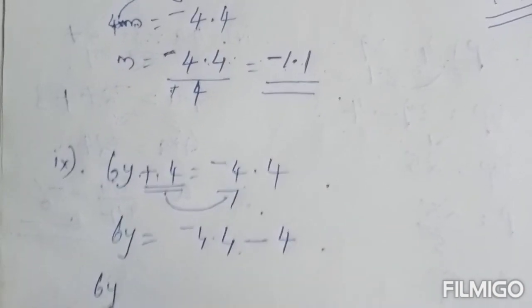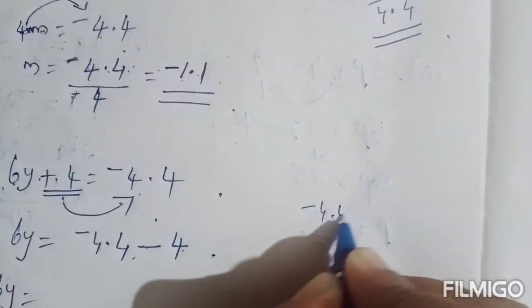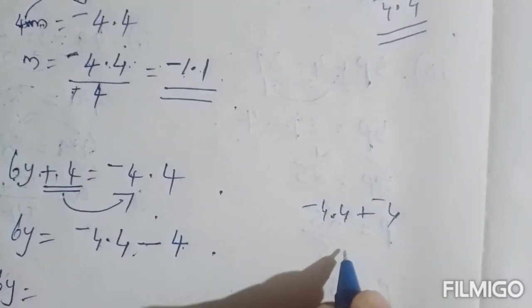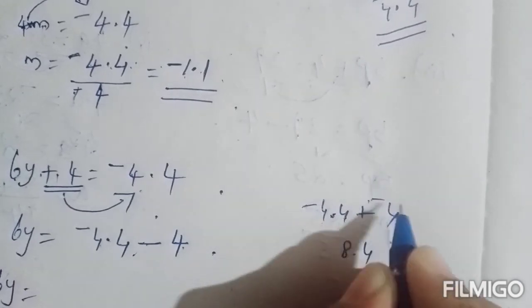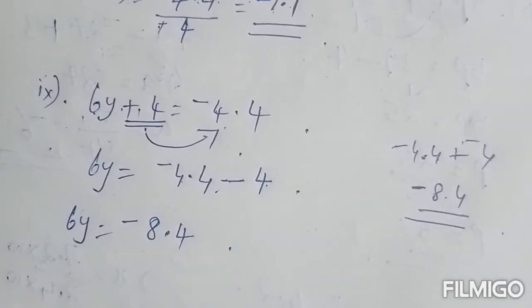Now 6y equal to minus 4.4 minus 4. Minus 4.4 minus 4 it will be minus 4.4 plus minus 4. So adding 4.4 plus 4 it is 8.4. Negative plus negative we know that it is negative. So negative 8.4. Okay, 6y equal to negative 8.4.